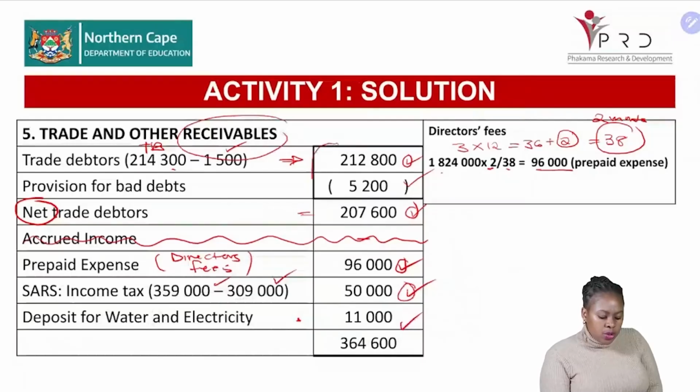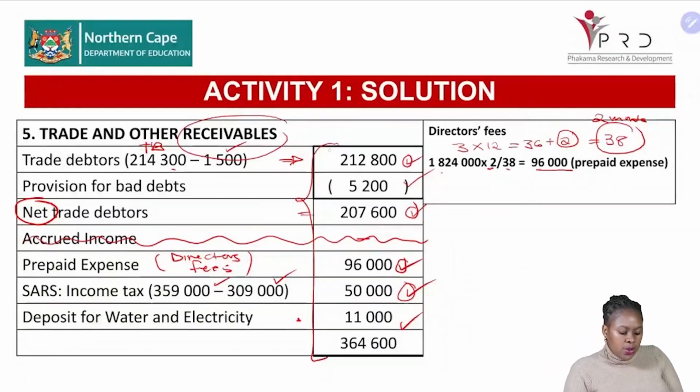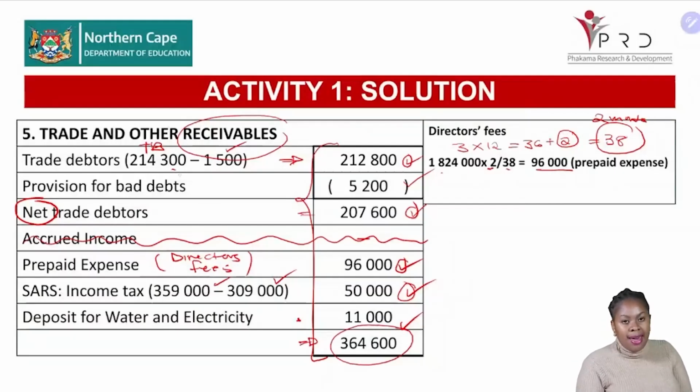All these amounts presented here have to be shown and reflected. So all these marks can be actually tested simply on the statement of financial position. So it's very important for you to know your formats, grade 12s. All right. So then you are going to add everything for you to be able to get your balance, which is 364,600 for trade and other receivables.